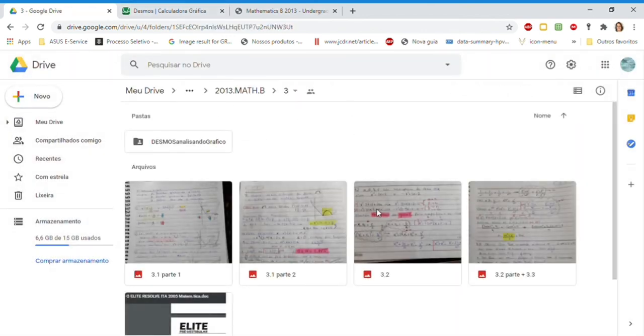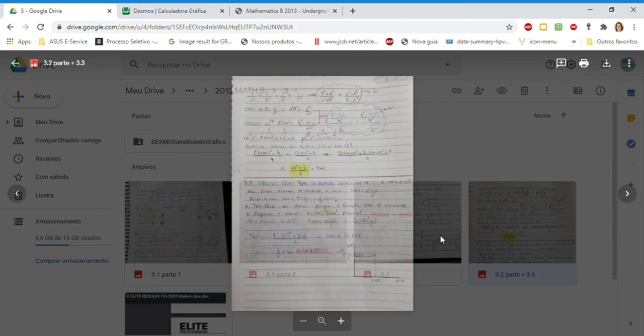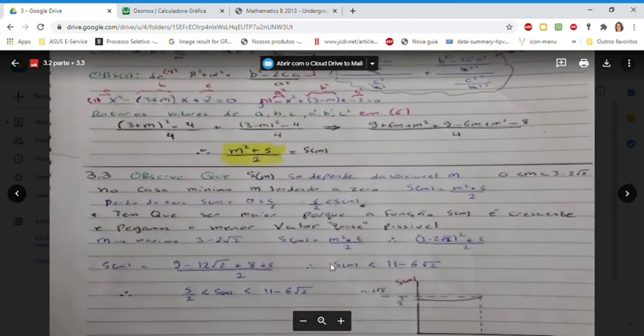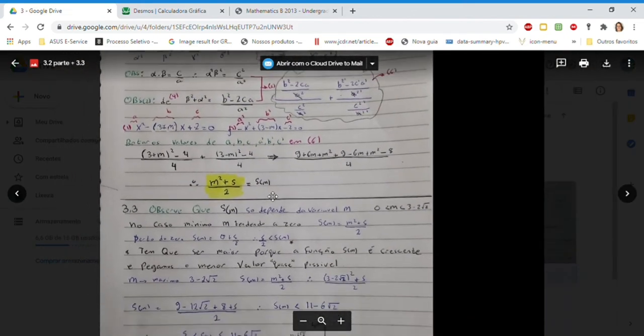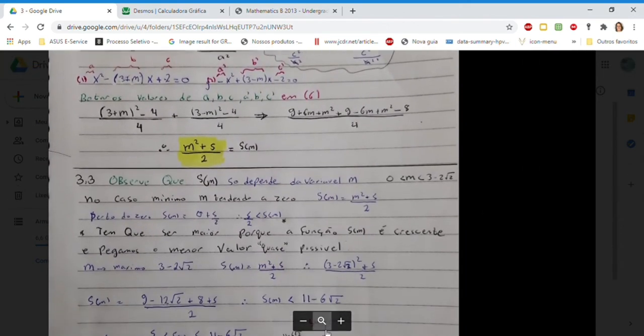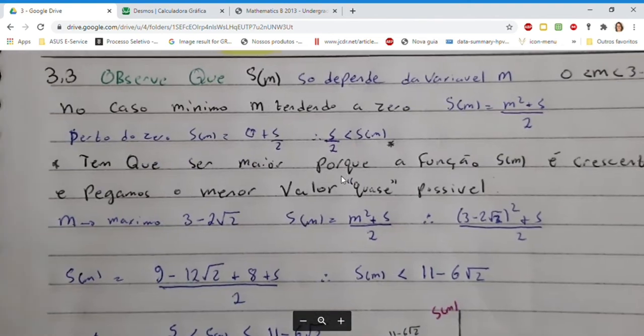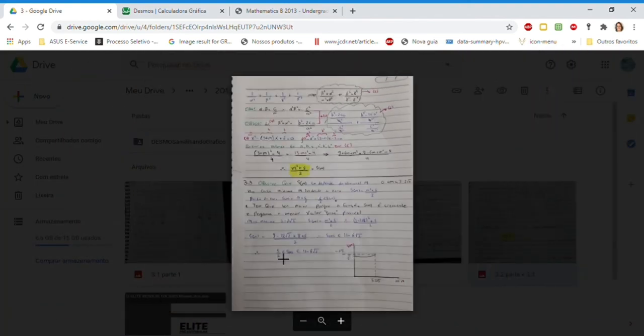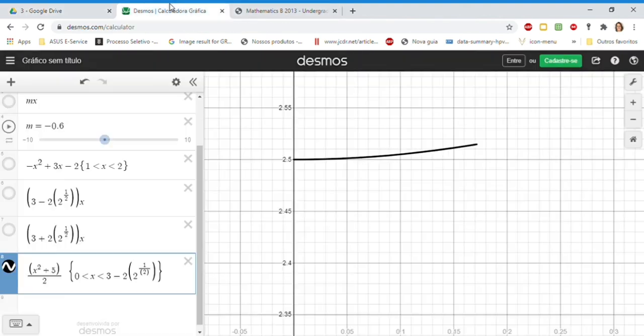So the S of m goes bigger than 5/2, it doesn't equal 5/2. So S of m is bigger than 5/2 and smaller than 11/6 square root of 2. Okay, so this is it.